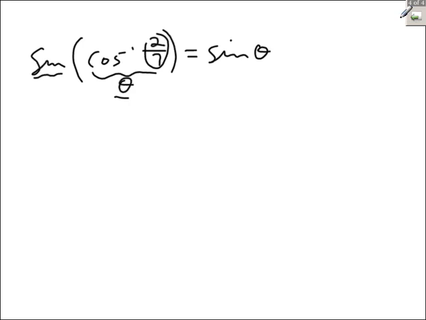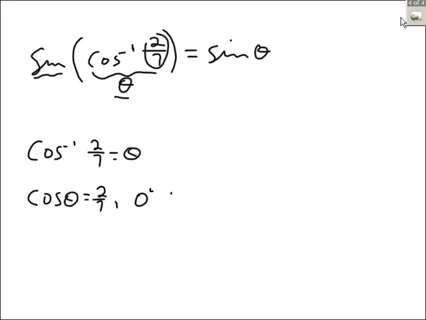But we know stuff about theta. We know that the cosine inverse of 2 over 7 is theta. That is, we know that the cosine of theta is 2 over 7, and that theta is in between 0 degrees and 180 degrees. And since the cosine of theta is a positive answer, we're in quadrant 1.